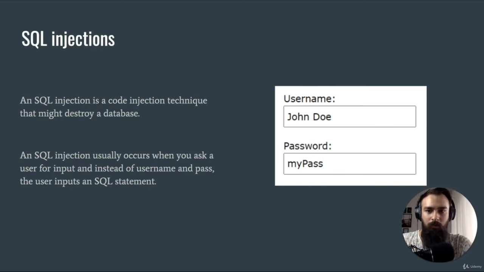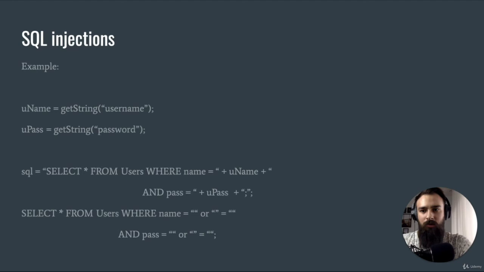How can it be compromised? Well, for example, the application might get the string from the username field and the password from the password field, and use a select query in order to check if the user is in our database and if the password is the correct one.